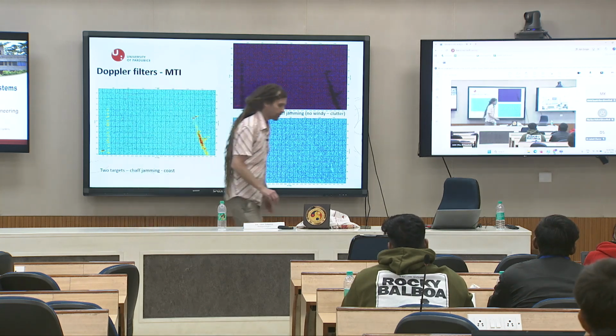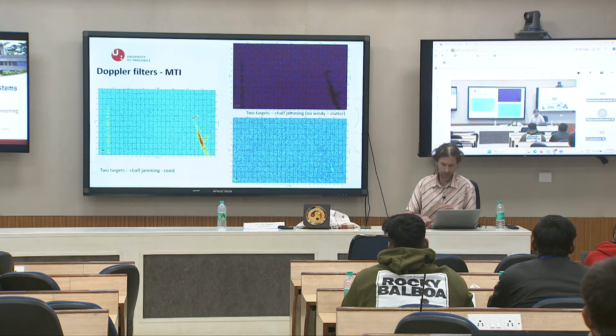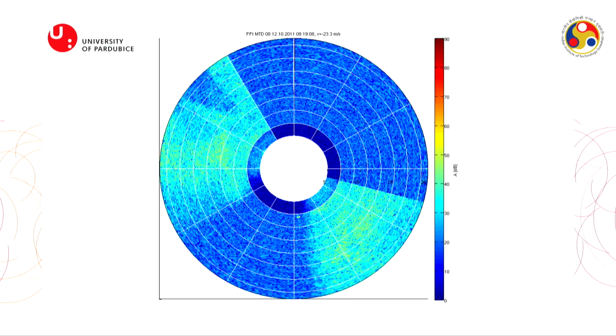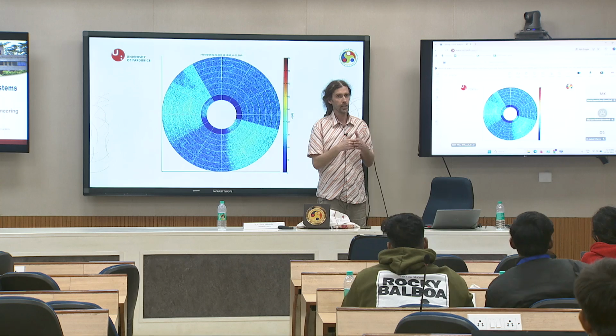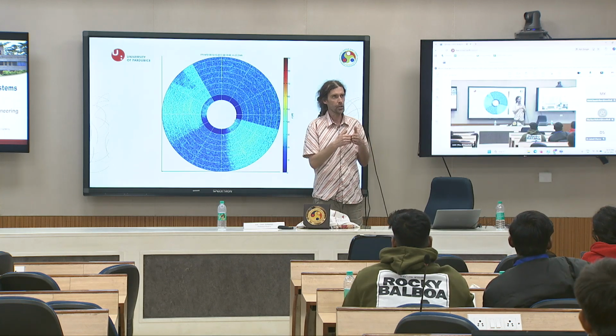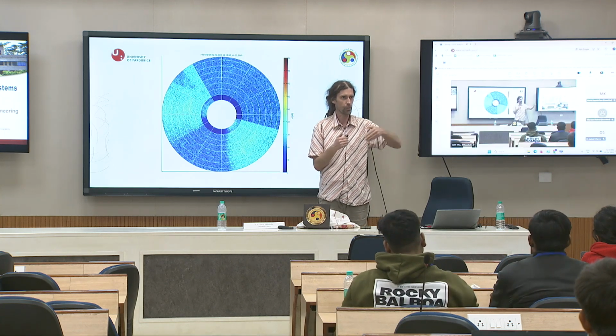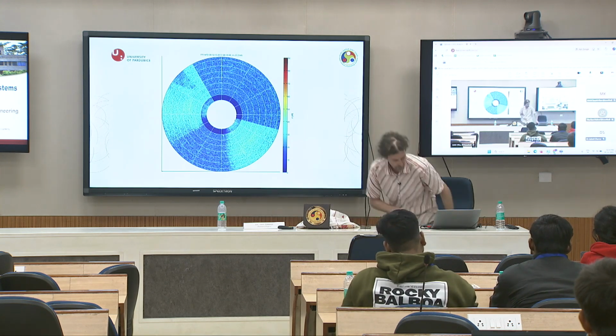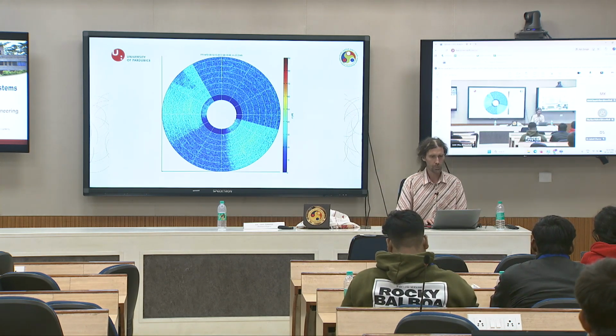And there I have a nice picture of MTD. Check it, this is the MTD filter. There you can see this value. It is minus 23.3 meters per second. So it is negative, these targets go away from you, from the radar, or the opposite side. And check it, I will do it multiple times.